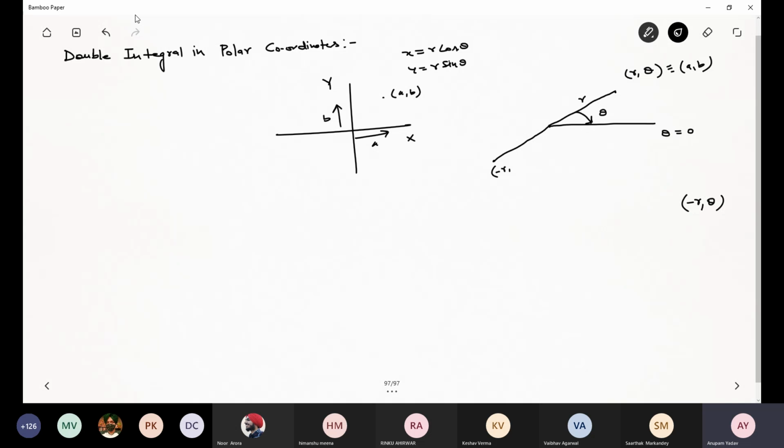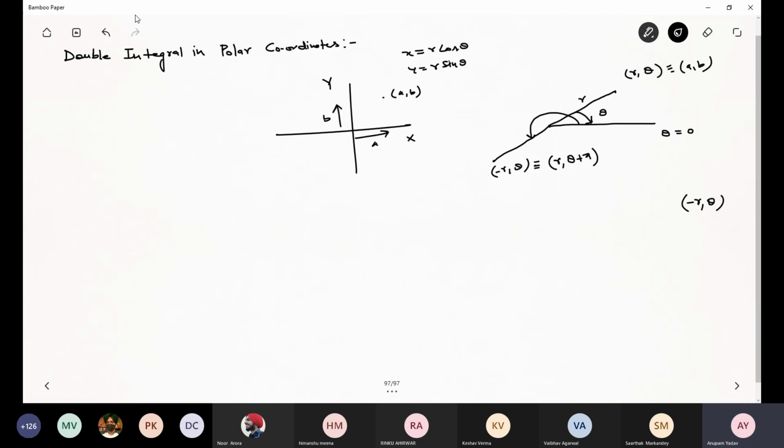So this point is minus r comma theta. But we can have a different representation of minus r comma theta by simply writing r comma theta plus pi. To locate this point from the initial line as a frame of reference, we need to measure this entire angle, which is simply pi plus theta.